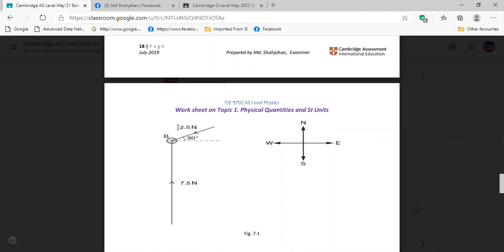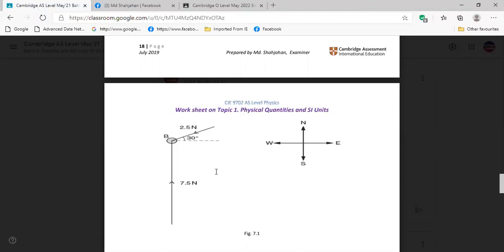Here we have two forces working on B, right? And a vector diagram for these forces is shown to scale in figure 7.1. Here we have 7.5 Newton and 2.5 Newton. So these are the forces.